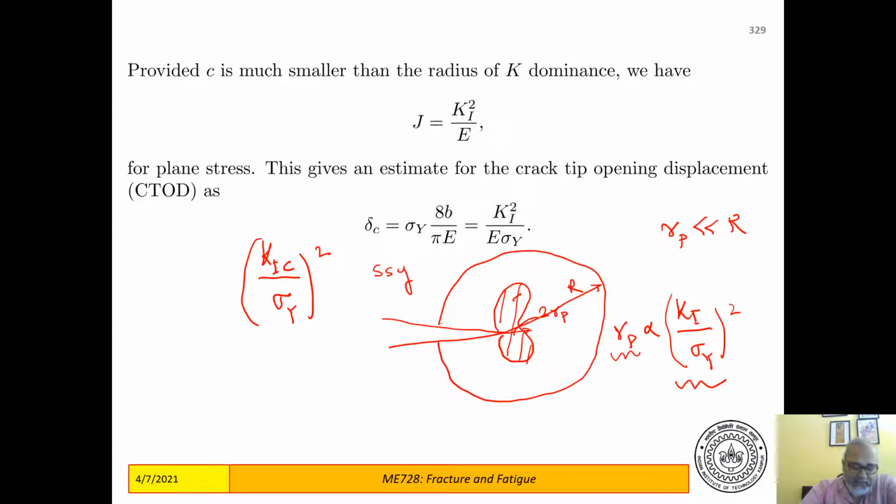The second question that comes is what happens if small scale yielding assumptions are not valid. If they are not valid, or you have large scale yielding, then you don't have an elastic zone. You don't have capital R in which your LEFM fields are valid. In that case, the crack tip has to be analyzed by elastoplasticity. We have done it using LEFM.